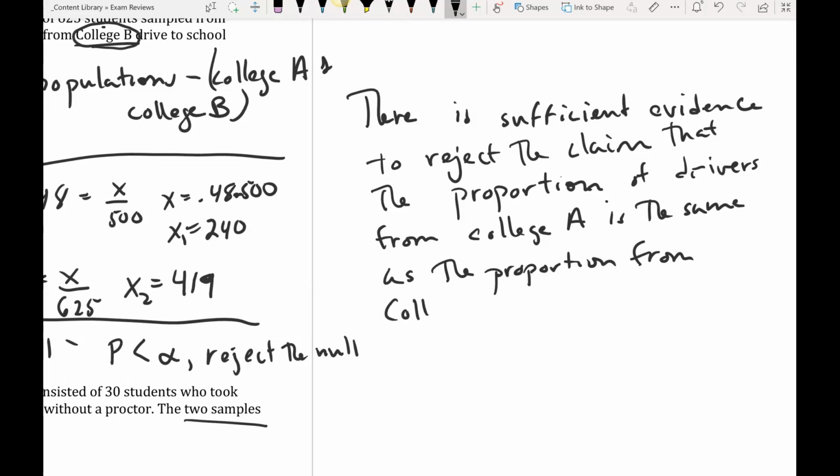I'm saying that's not true. When I rejected the null, I'm saying that in fact they are not the same. I'm saying they're different. Okay?